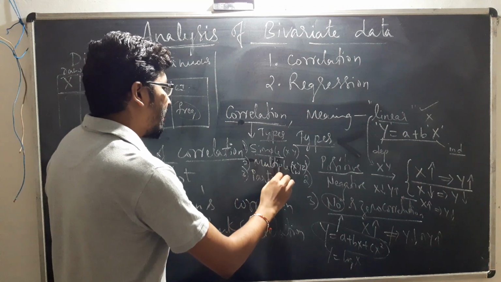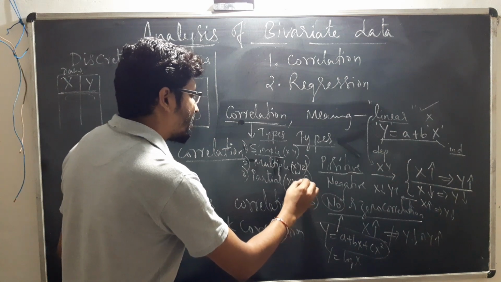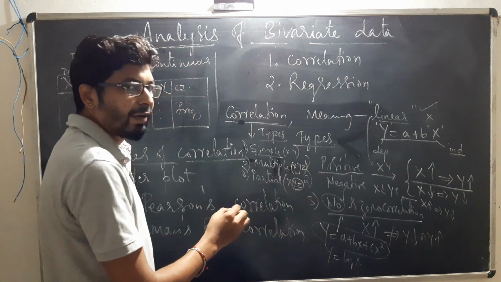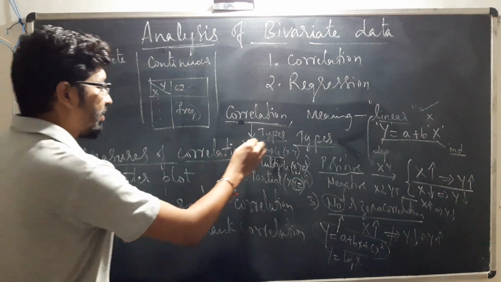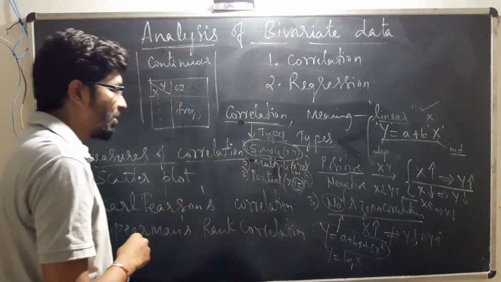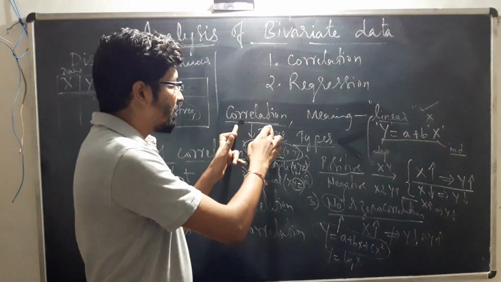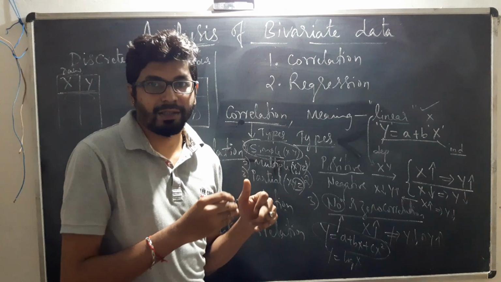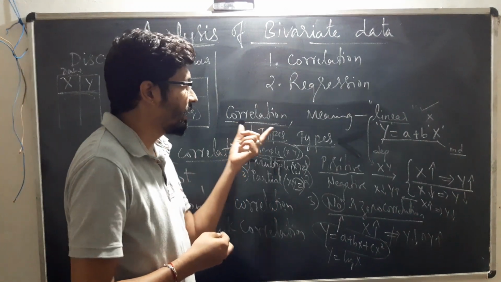Out of the many variables, if you pick only two, ignoring the effect of the others, then we say the correlation is partial correlation. So we'll stick to simple correlation between x and y. So I hope you have understood the concept, right? Correlation, the degree of linear relationship, the linear association between x and y, is said to be correlation.